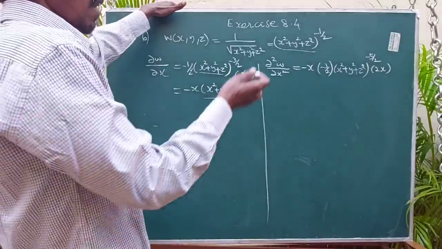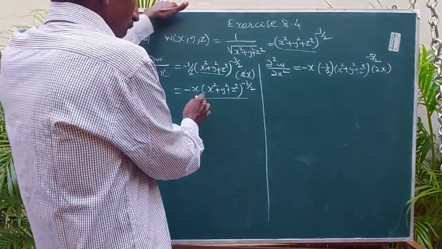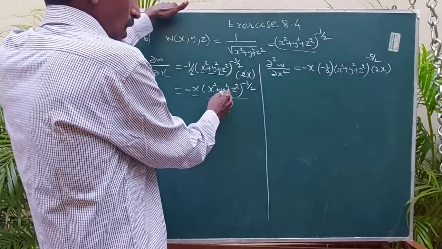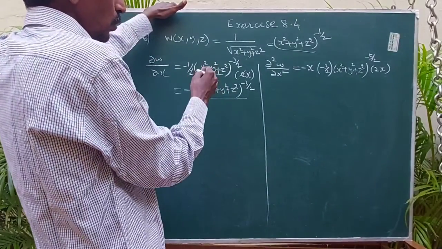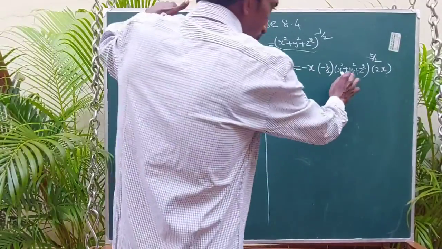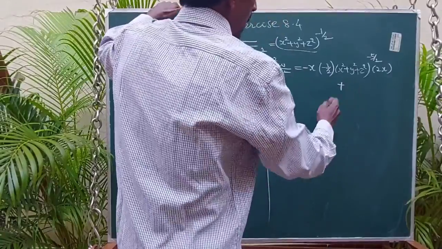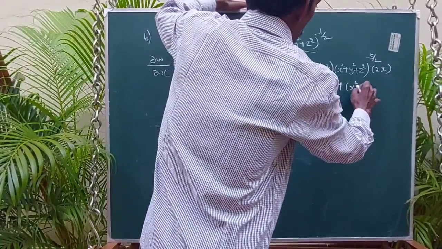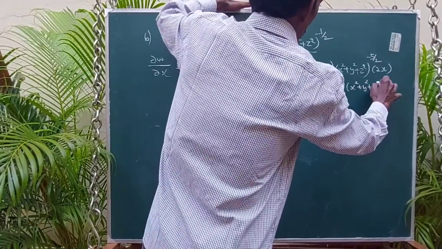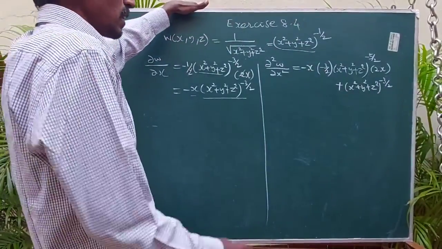My dear student, we are applying two things. First thing, product rule. Take it as u and this as v. uv the whole dash equal to uv dash plus vu dash. In the meantime, we are applying function of function rule. Okay, so plus, keep x square plus y square plus z square whole power minus 3 by 2 as constant.